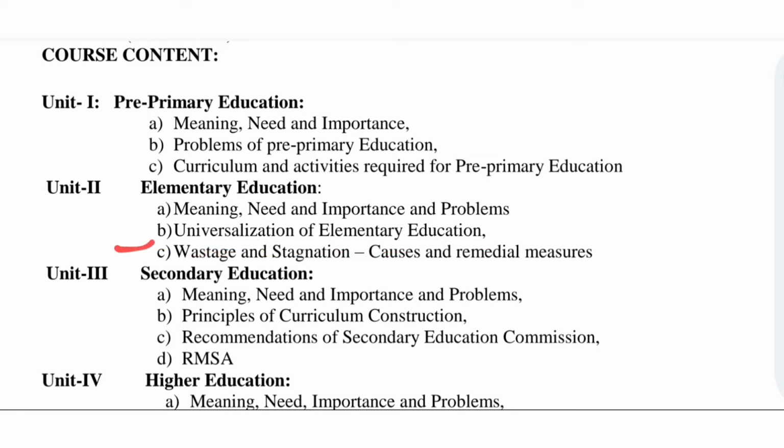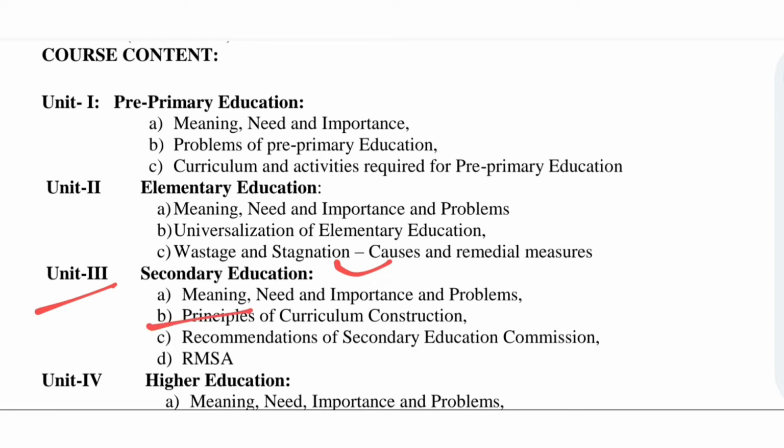Then you have to study C, the specific problem that is related to this elementary education, that is wastage and stagnation, causes of wastage and stagnation, and remedial measures, how to overcome and solve these problems, that is problem of wastage and stagnation.